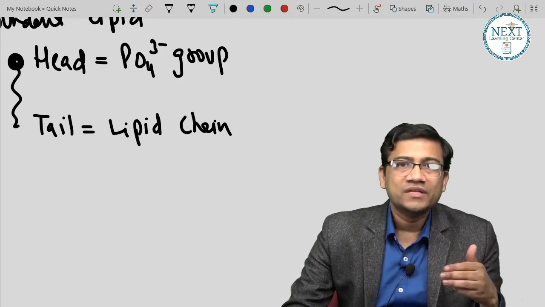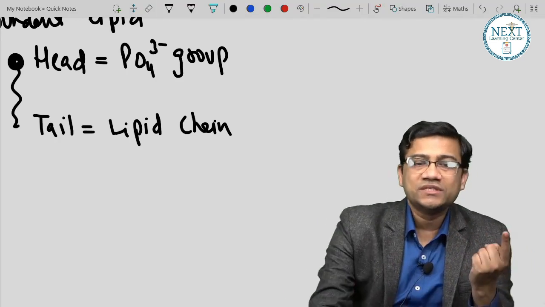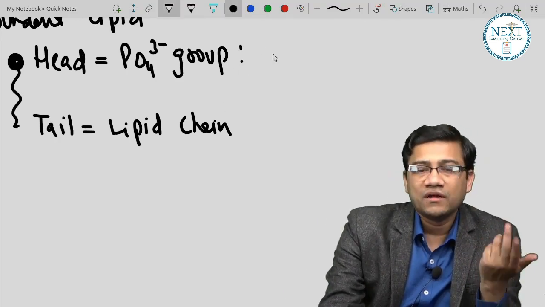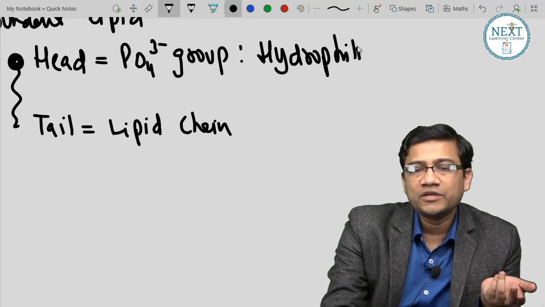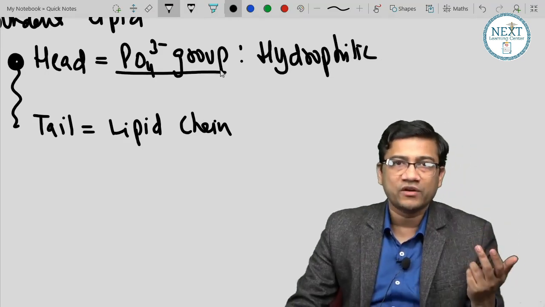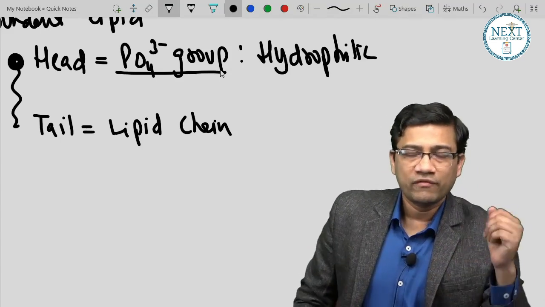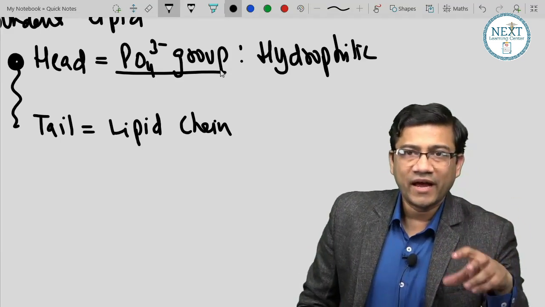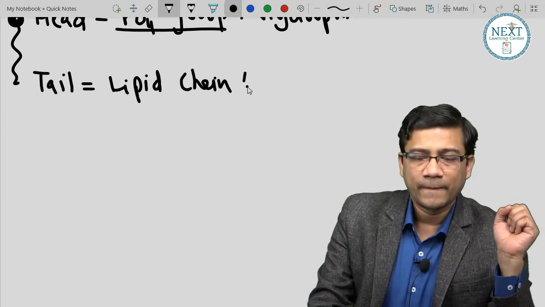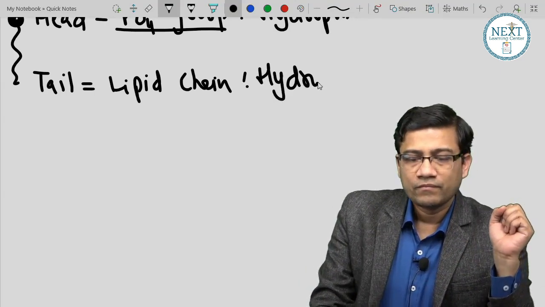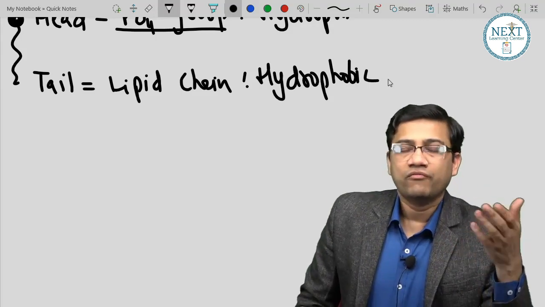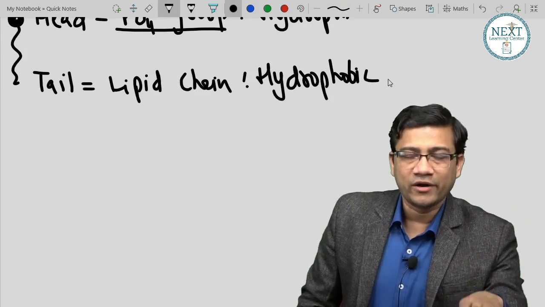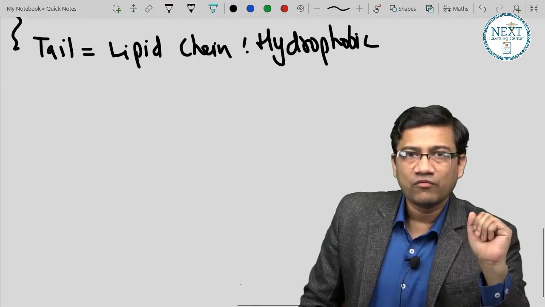It can dissolve the ions very easily. So this end becomes water-loving, or hydrophilic. Remember, the charged end, that is the phosphate group end, is the hydrophilic head, and the tail ends are hydrophobic.